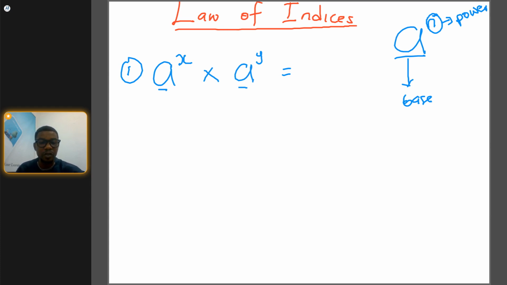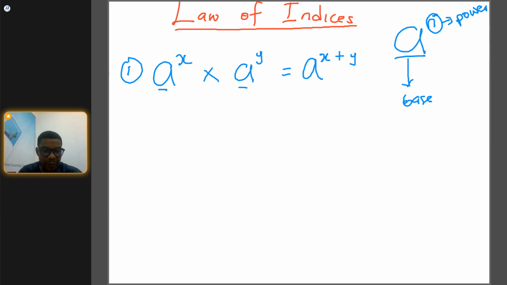When we have multiplication in between this kind of expression, the multiplication will change to the addition of the powers. We pick one of the bases since they are the same: a raised to power x plus y. That is, multiplication changes to the addition of the powers.